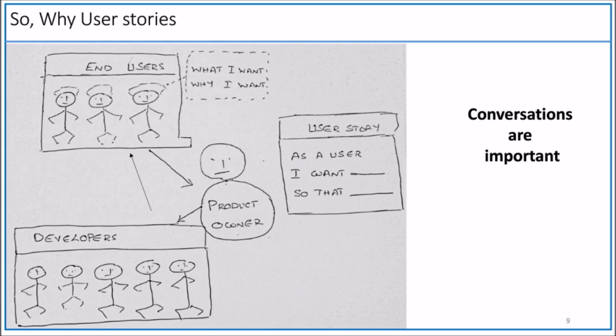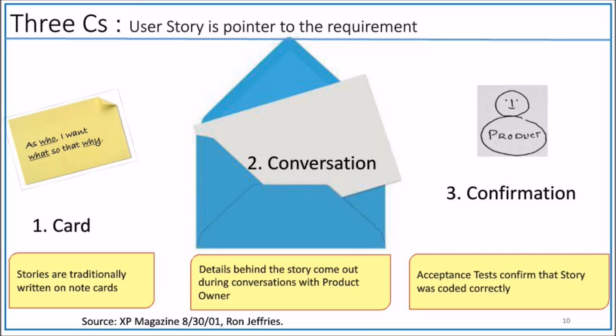When the end user and the product owner talk together, what they are visualizing will become in sync. Similarly, when the product owner and developers talk to each other, the clarity about the functionality will increase. That's why Ron Jeffries comes up with a concept called card, conversation, and confirmation.